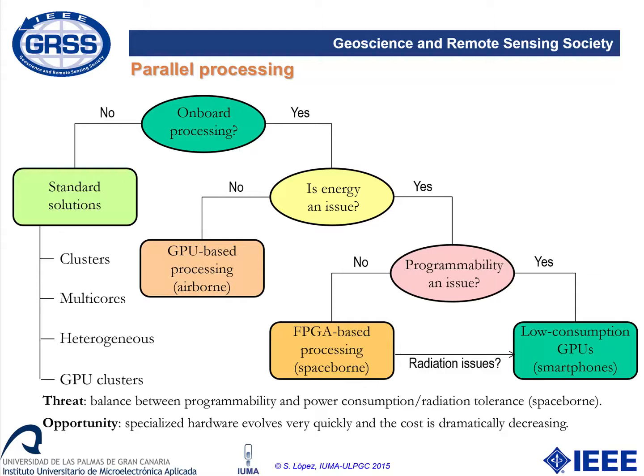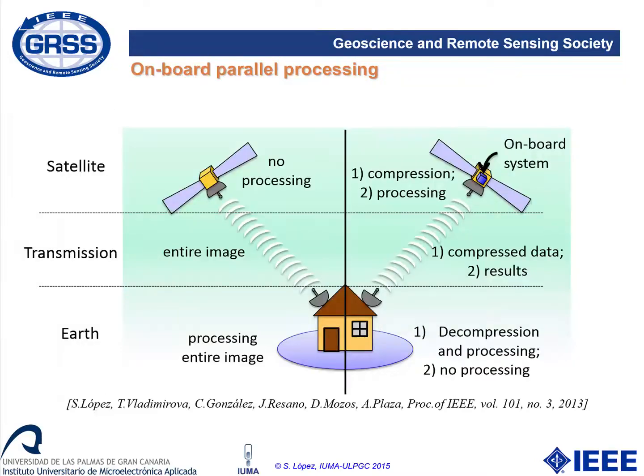But we also have an opportunity, a very important opportunity: the specialized hardware evolves very quickly and the cost is dramatically decreasing. So all of us are able to access any of these solutions without requiring a very high economic budget.